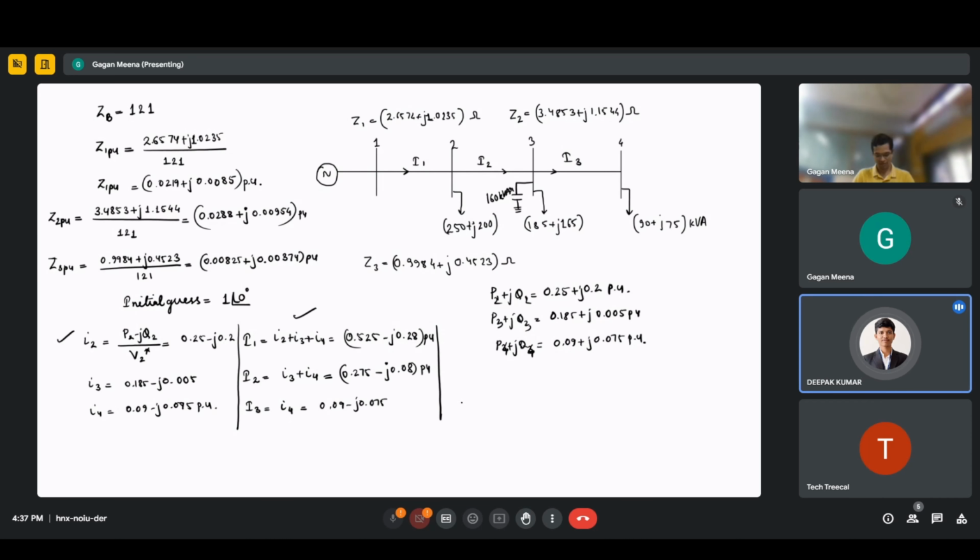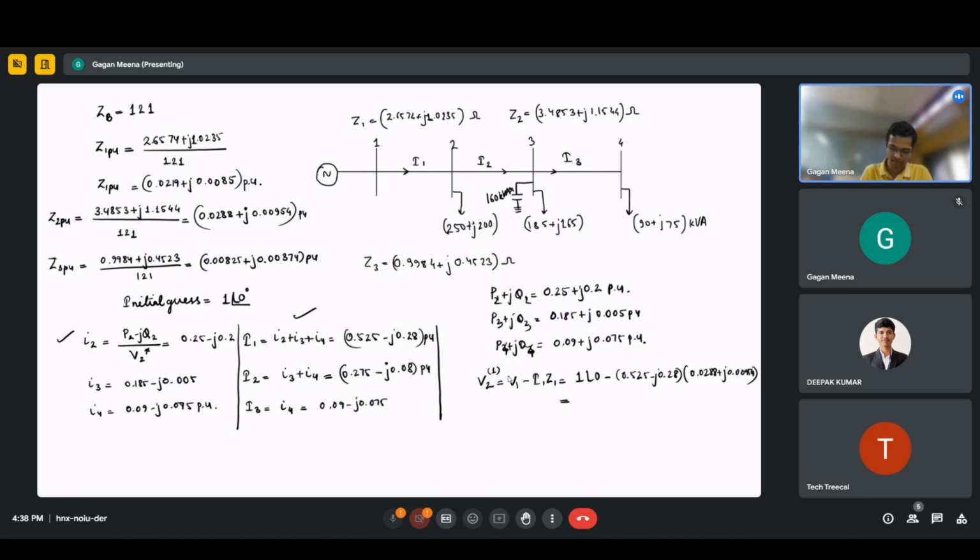V2 equals V1 minus I1 Z1, where Z is R1 plus jX1. V1 is 1 angle 0, I1 we know, and Z we also know: 0.0288 plus j0.0095. How much is this? 0.9822 angle 0.178.